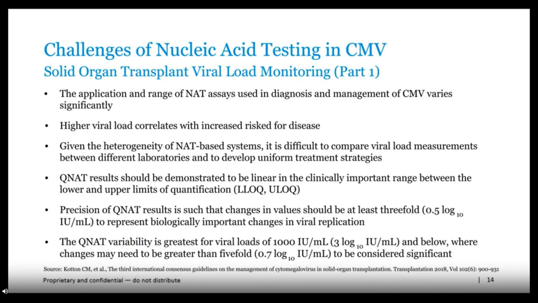And when you get down to the lower end of the measurement range, down to around 1,000 international units per mL, the precision of the assays tends to be not as good. So changes may need to be greater than 5-fold or 0.7 logs to be considered significant.